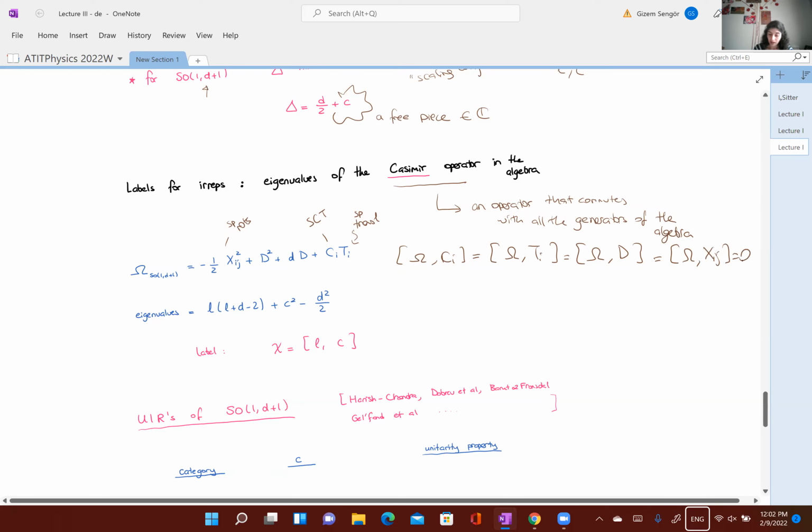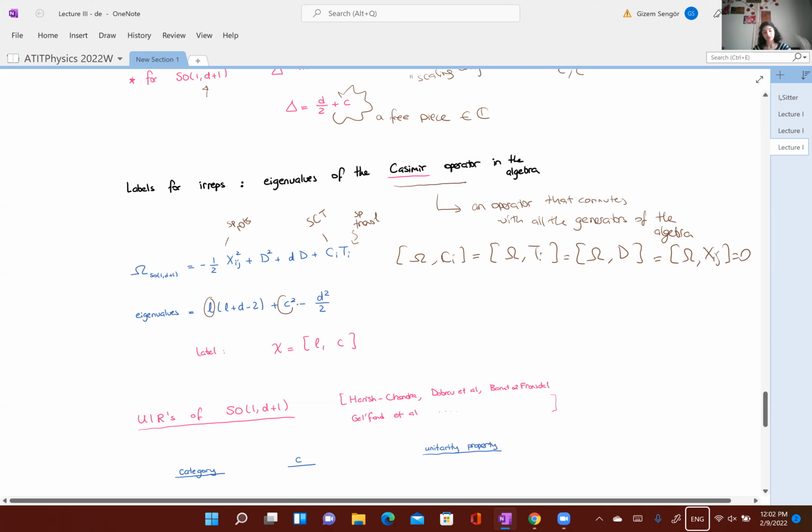Okay. So this is an important element. This Casimir operator carries important information, and the eigenvalues of this Casimir operator turn out to have the spin and the scaling weight.